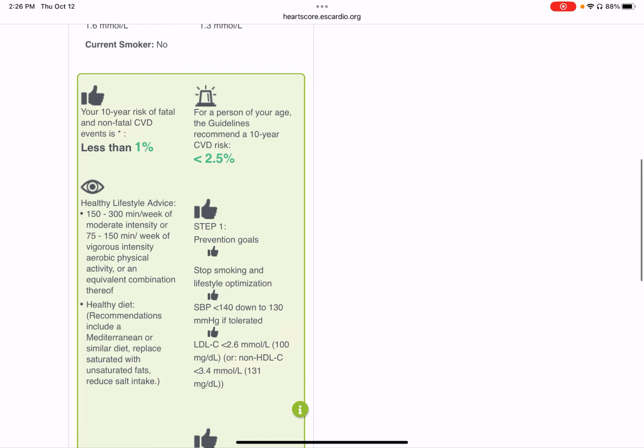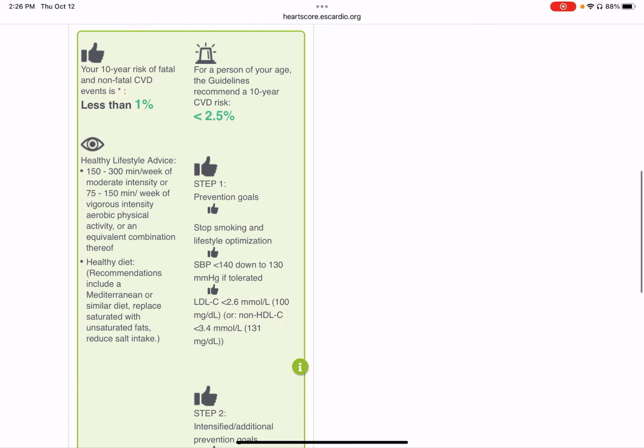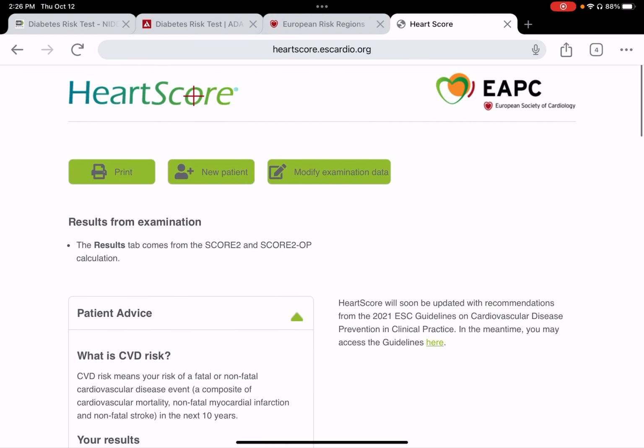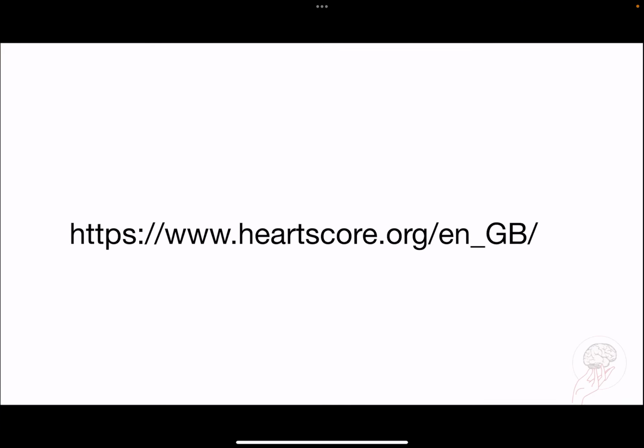So by the made up numbers that I put in, low risk for myself. But if you had, say, a patient's data, you could put that in and get a much better risk guideline. All right, let's go back.